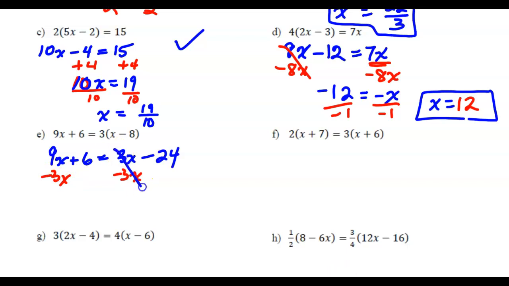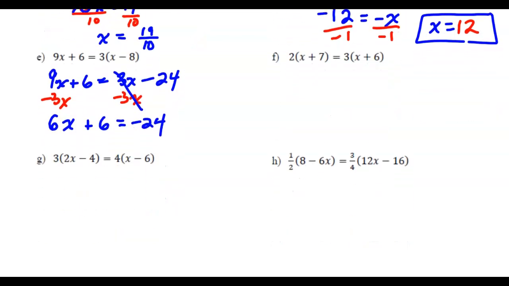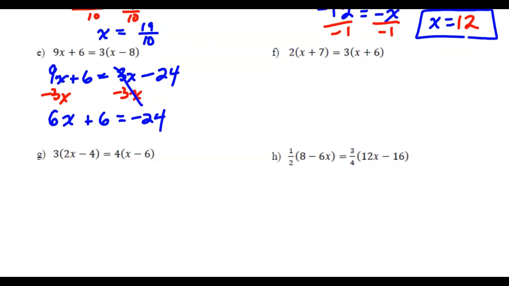So that goes away. 9 minus 3 is 6x plus 6 equals negative 24. And I want to get the x by itself, so I've got to subtract 6. I'm running out of space, so I'll just move it to the right. That goes to 0.